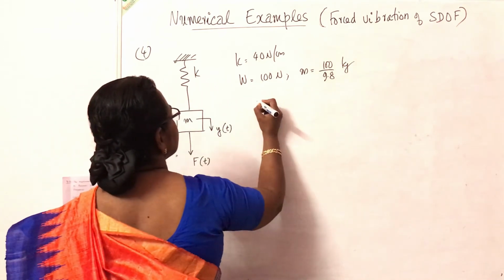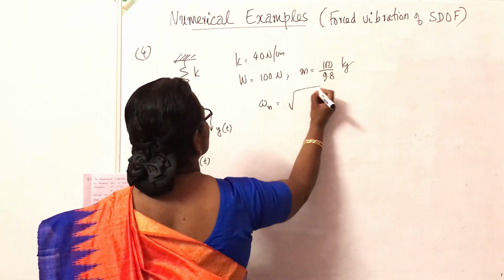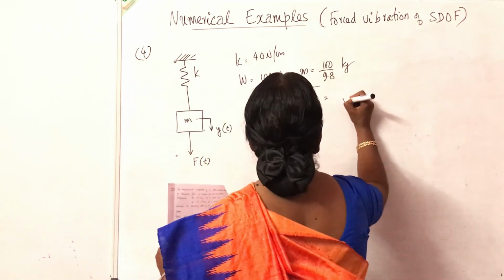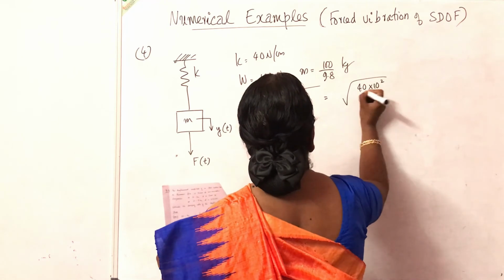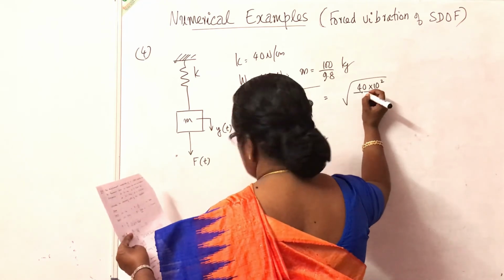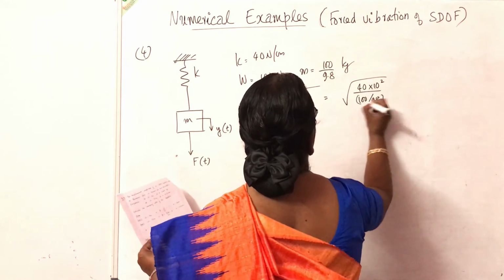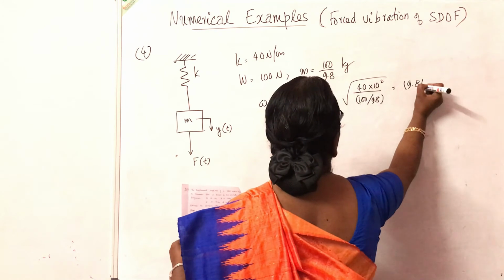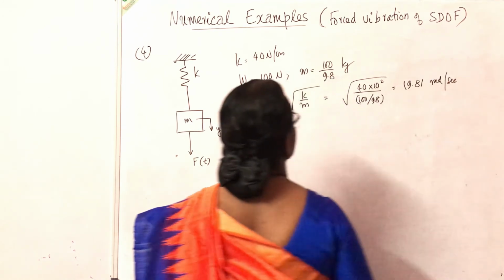So these two will give me the natural frequency of the system. Omega is equal to root of K by M. Substituting, root of 40 Newton per centimeter, so 40 into 10 square Newton per meter divided by 100 by 9.8 will give the natural frequency as 19.81 radian per second.